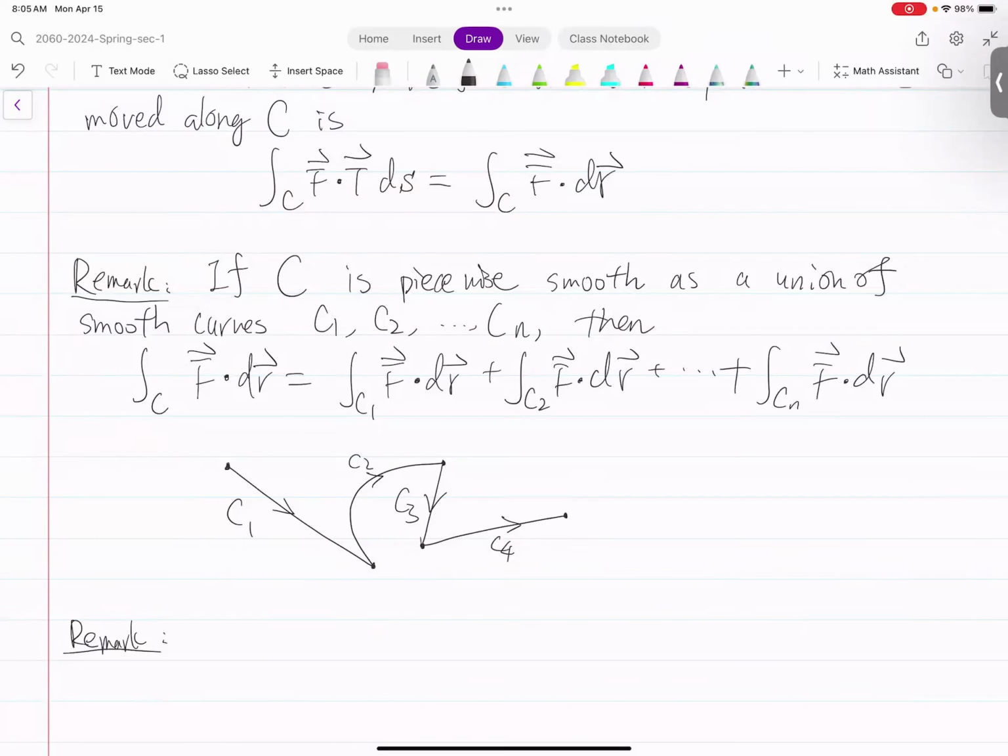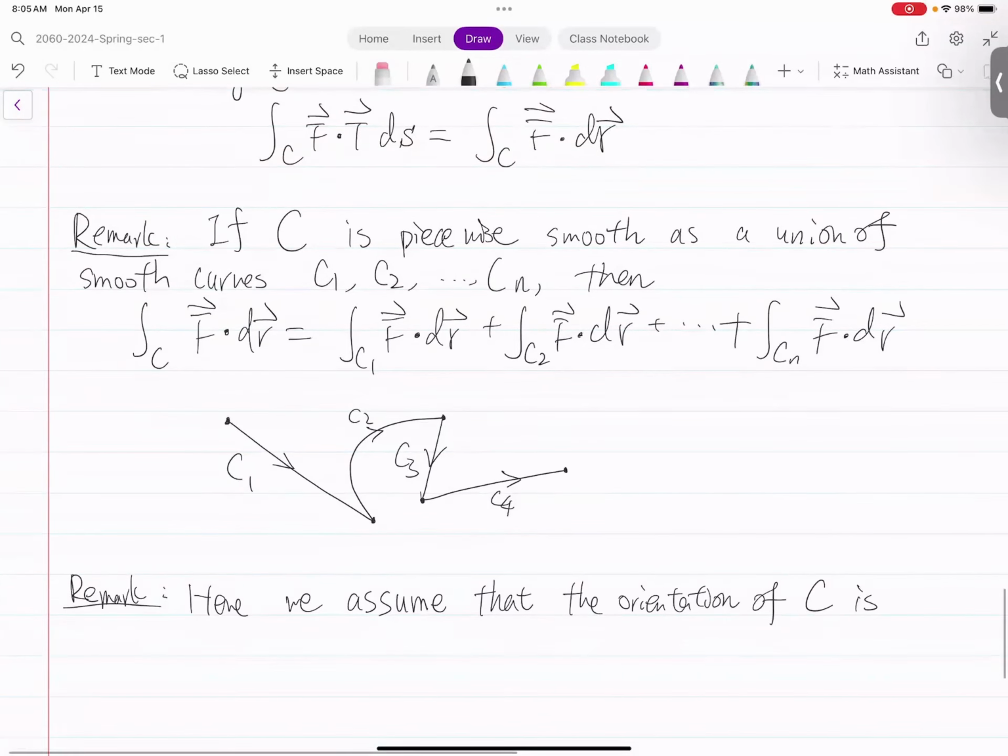So now you see that for a curve, it always has a start point and an end point. Here, we assume that the orientation of a curve C corresponds to the increment of the parameter.